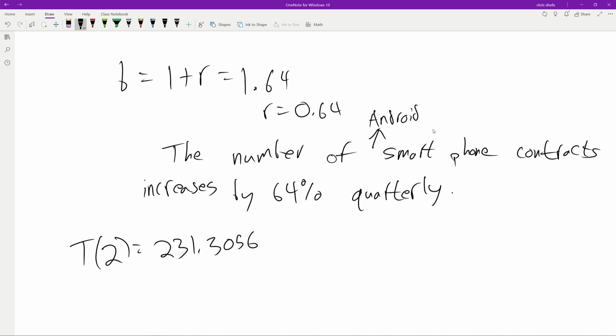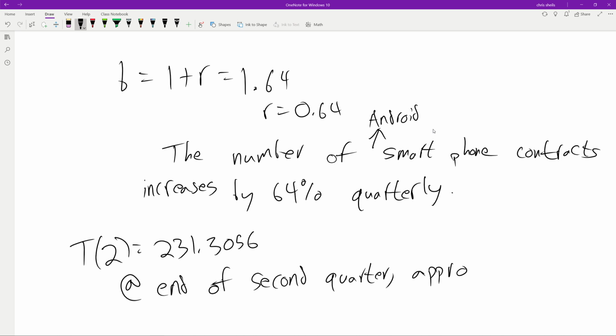This means that at the end of the second quarter, there were approximately 231,305.6, or we'll say 306, Android smartphone contracts in this region.